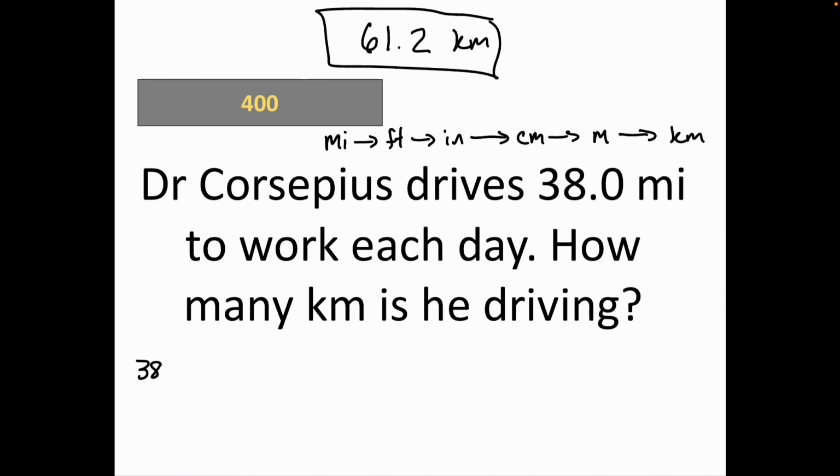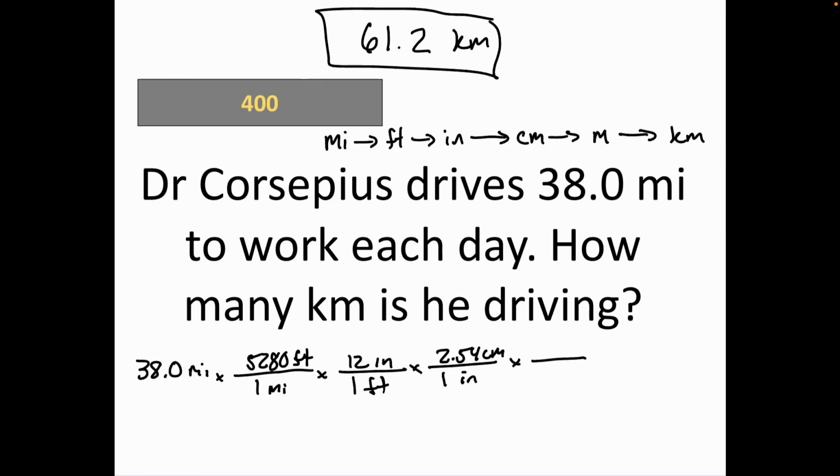So 38.0 miles. Use the fact that 1 mile is 5,280 feet. And 1 foot is 12 inches. 1 inch is 2.54 centimeters. 1 centimeter is 10 to the negative 2 meters.